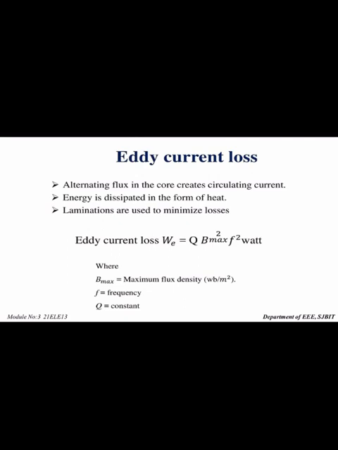That is called eddy current loss. This can be minimized by using laminations between the sheets. Using these laminations, we can reduce the eddy current loss. The eddy current loss is given by Q, which is the eddy current loss constant, into B max square into f square.